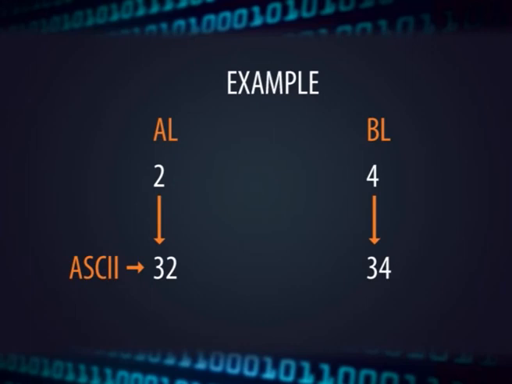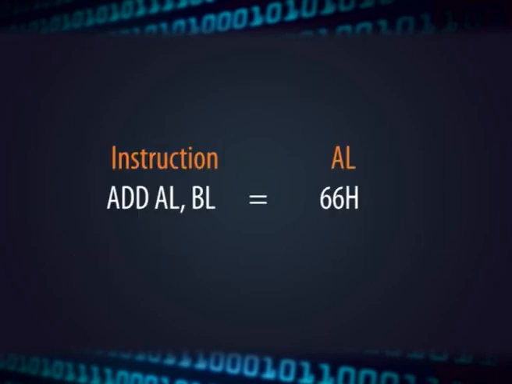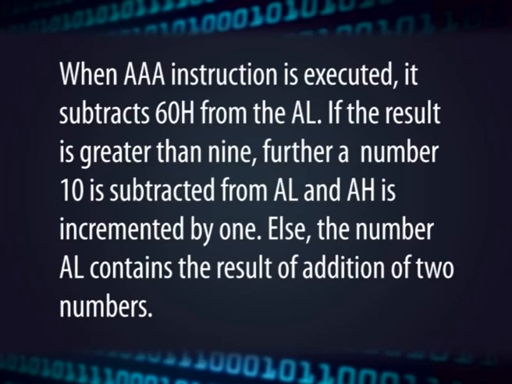Assume you have to add two digits 2 and 4 stored in registers AL and BL in ASCII format as 32 and 34. First, the operation ADD AL, BL is performed. The result 66H is stored in AL. When the AAA instruction is executed, it subtracts 60 hexadecimal from AL. If the result is greater than 9, a further 10 is subtracted from AL and AH is incremented by 1.